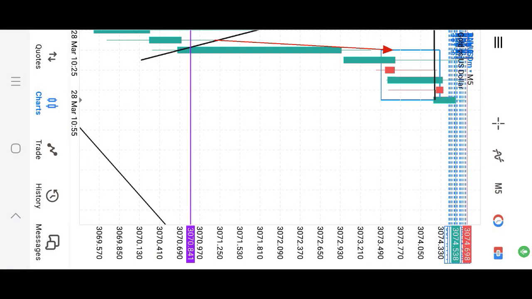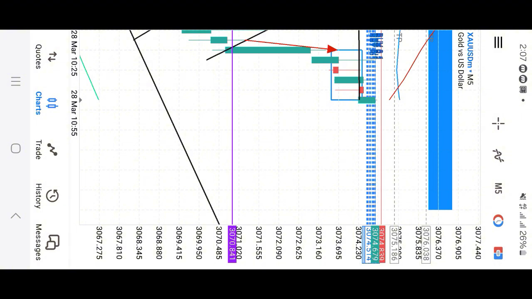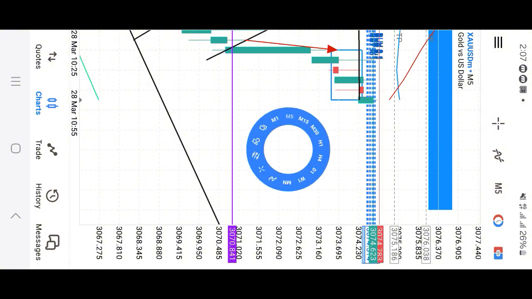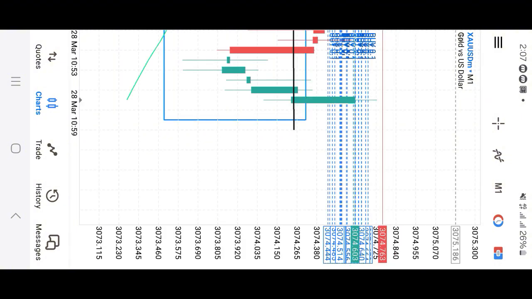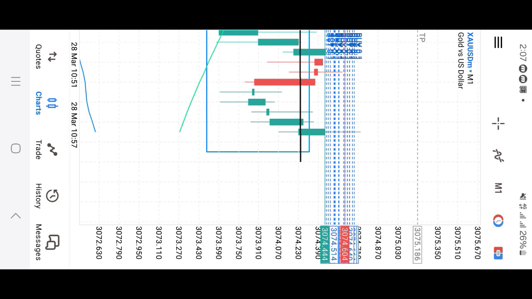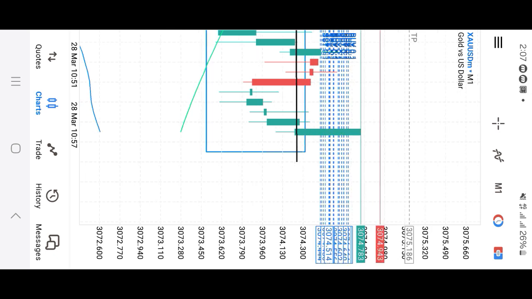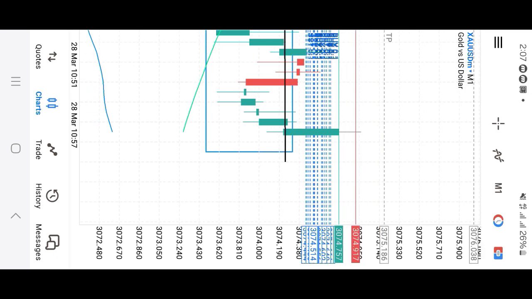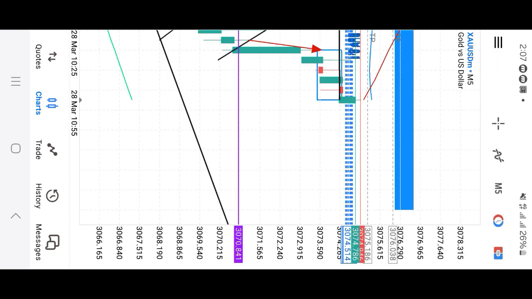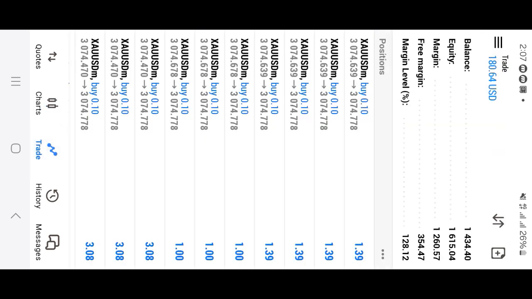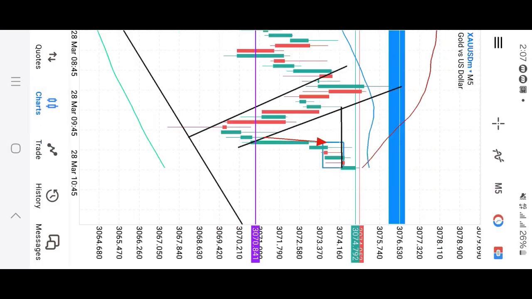Later, again, this happened. In 5 minutes, there is EMA, so price may react around there. So I will close my profit too early. Oh, price is reacting around there.